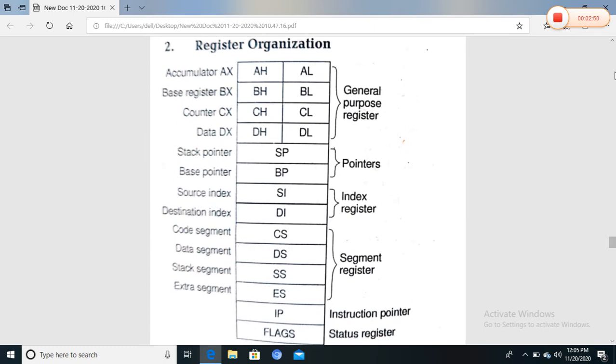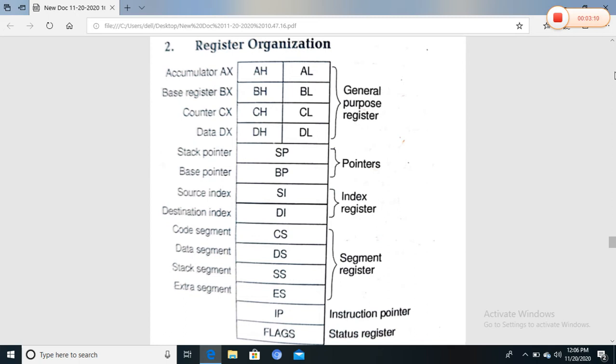In this register organization, there are general purpose registers. The 8086 has 8 general purpose registers, that is AH, AL, BH, BL, CH, CL, DH, DL. These are 8-bit.